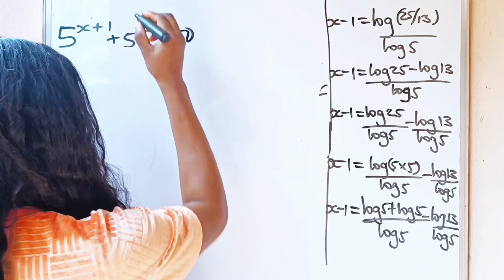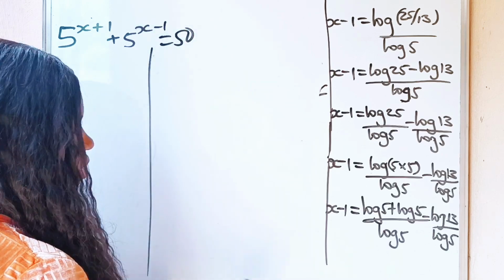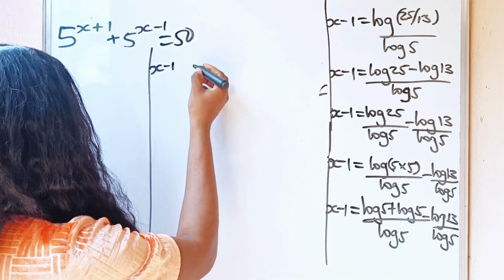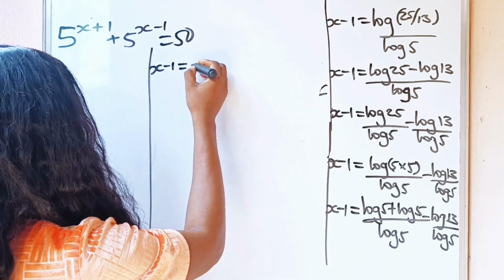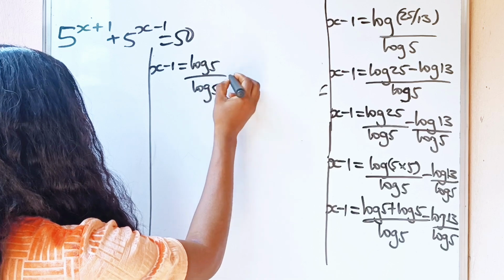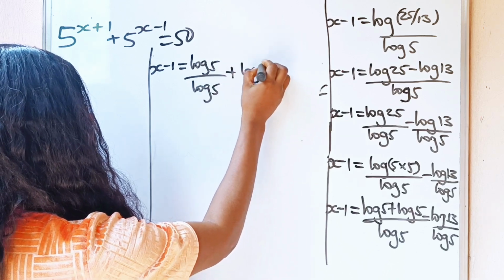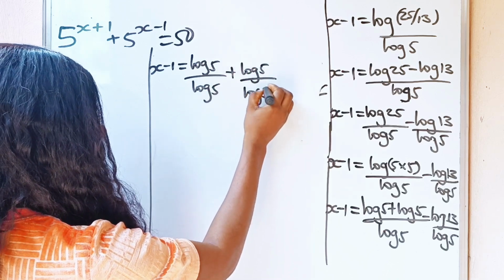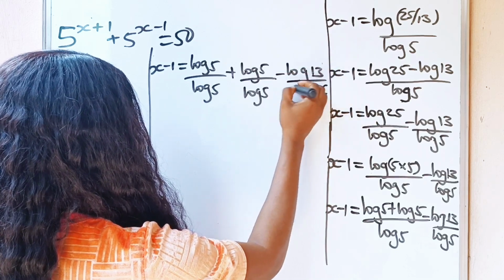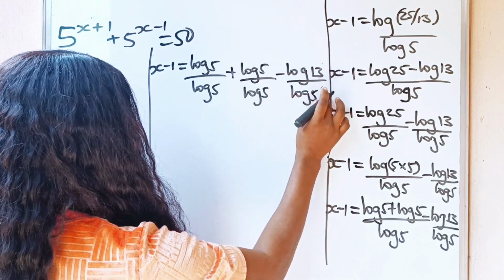Okay, so this is what we have. So we can write that x minus 1 is equal to log 5 divided by log 5 plus log 5 divided by log 5, minus log 13 divided by log 5.